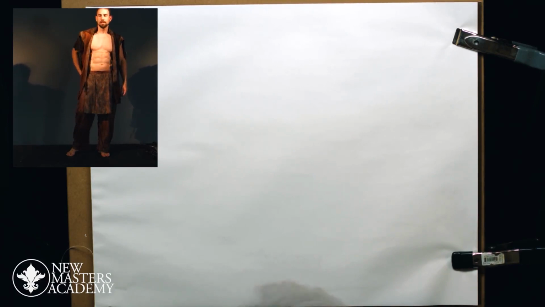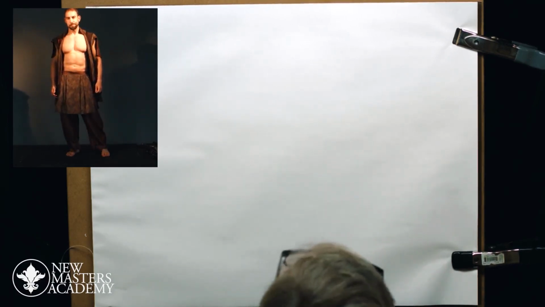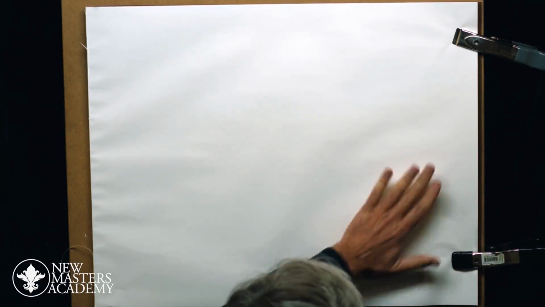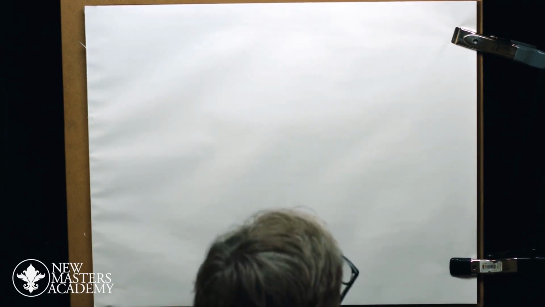Okay, very cool. So what we're going to be drawing and working on today is how we harmonize our marks. Last week we looked at line, mass, and form, and we're looking to create marks in our drawing that either described line for itself or mass or form.